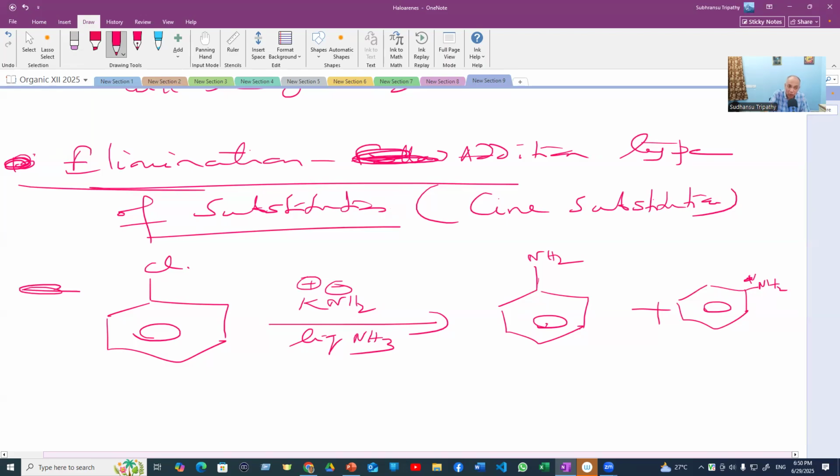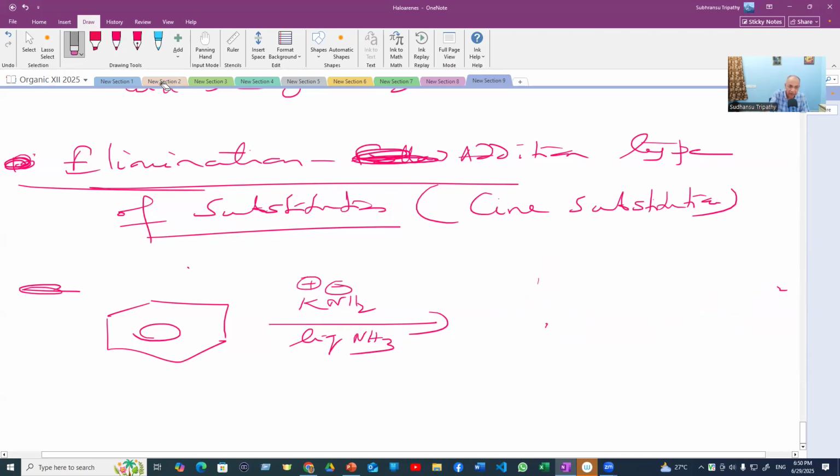That can be known if you put, supposing you have, better I show you a concrete example. I'll put a methyl group here, and here I will put the leaving group. I'm taking 1-chloro 2-methyl benzene, or ortho-chlorotoluene.